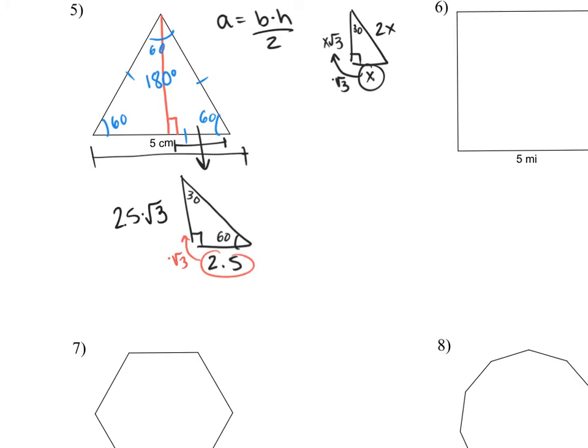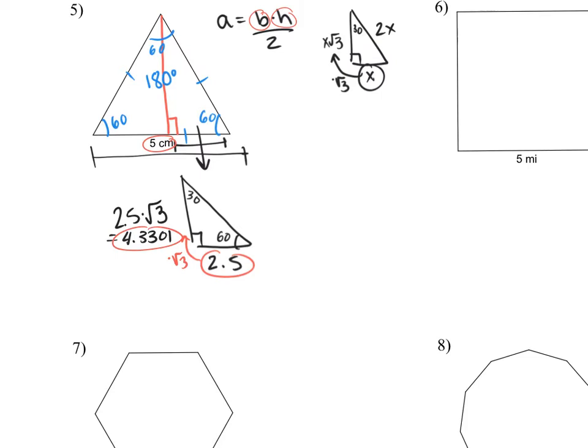Since this question asks for it rounded to the nearest tenth, I'm going to type this into my calculator. I get this decimal version of the answer, which is about 4.3301. We already know the base is 5, and we just found the height, which is this number.